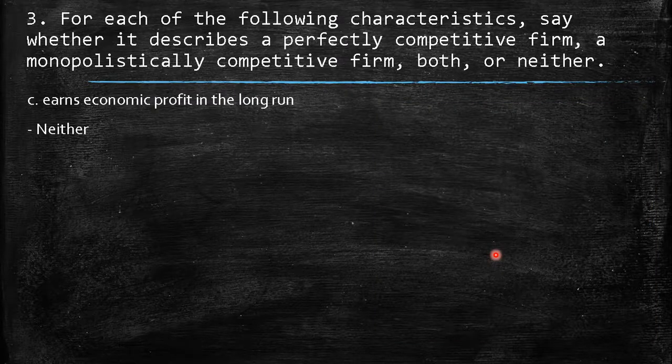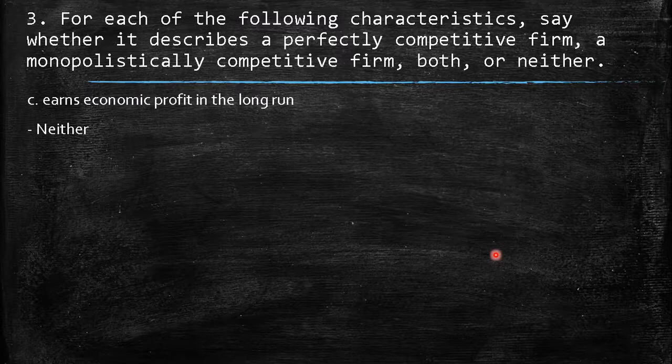Next one, earns economic profit in the long run. Neither one, because the perfectly competitive firm, even in the short run, doesn't earn economic profit. And the other one, the monopolistically competitive firm, in the short run earns profit, but in the long run, since there are no barriers to entry, more and more companies will enter the market.